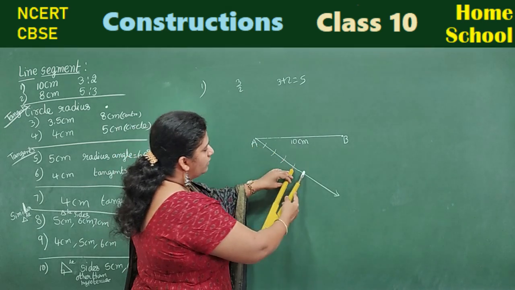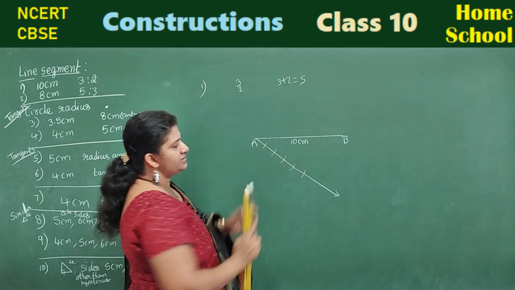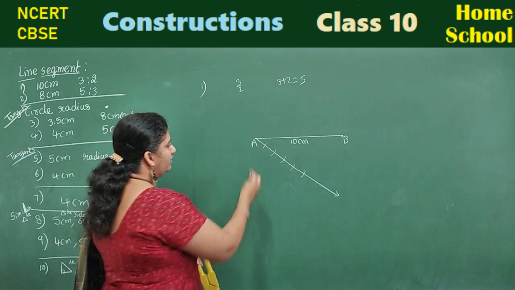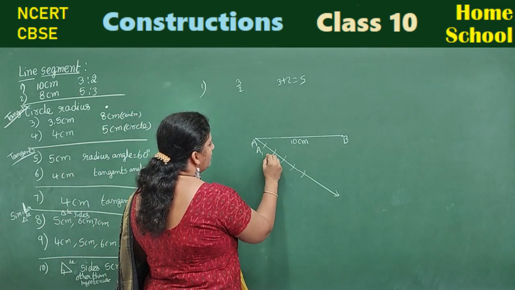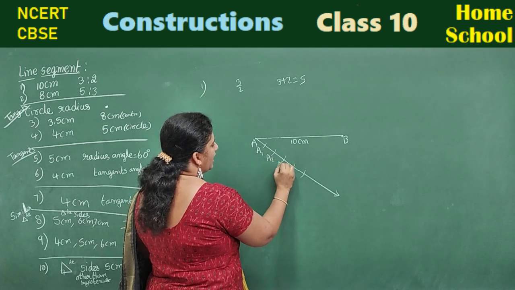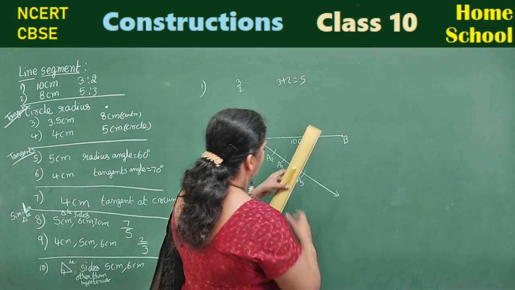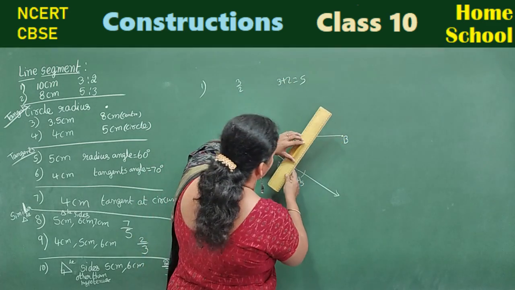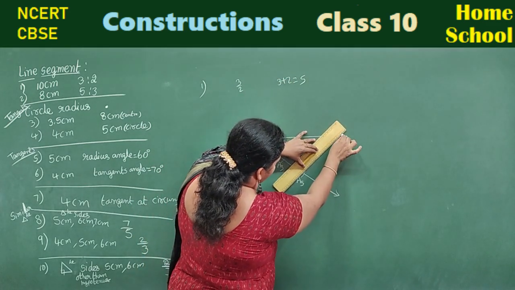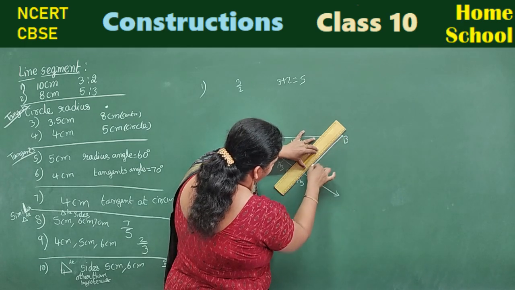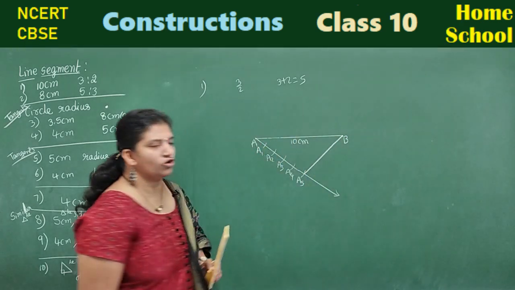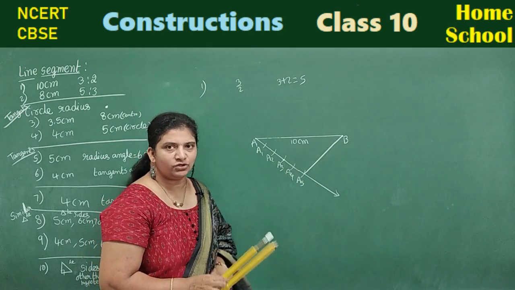Lift, draw. Okay? Yes? 5 arcs completed. Now A1, A2, A3, A4, A5. Now, next step, using a scale, join A5 to B.